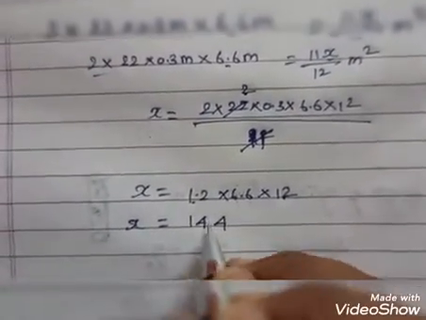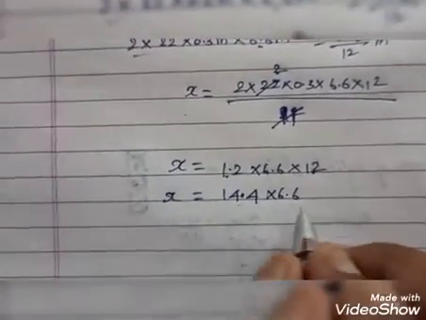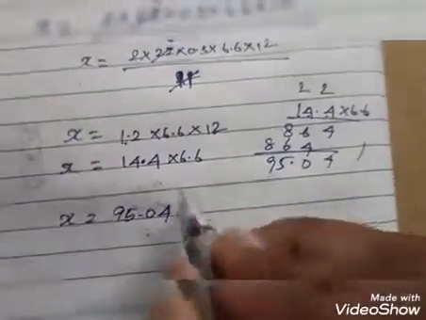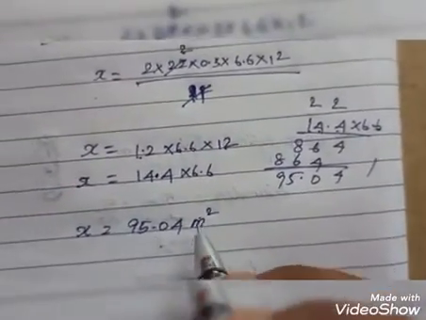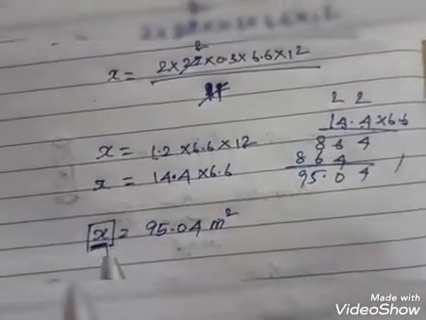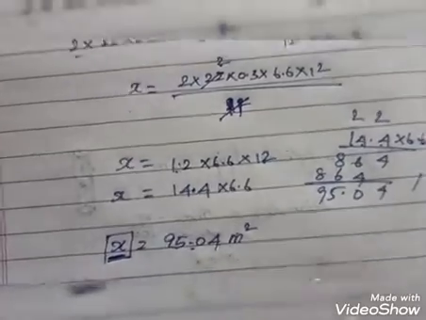So 1 decimal point, 14.4 into 6.6. You need to multiply these two values, you get the answer. So the value seems to be 95.04 meter square. So x is nothing but actual steel.